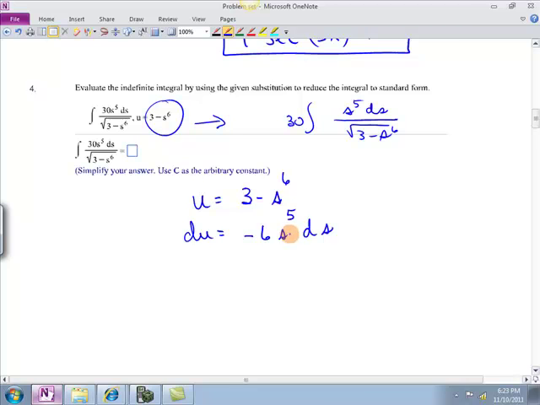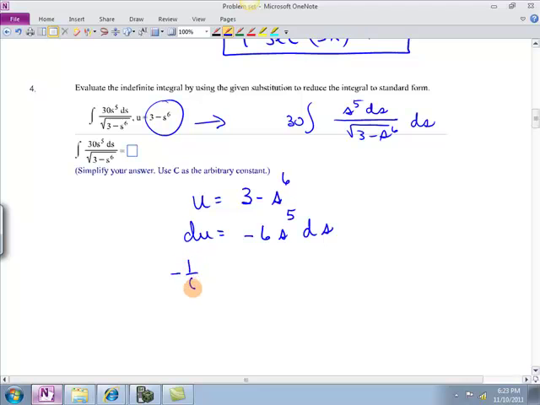Would this be du divided by -6? Yes, because look here, we don't have this -6 anymore, so what am I missing? I've got ds, I don't have a -6 here, so let's get rid of the -6 by dividing on the other side.